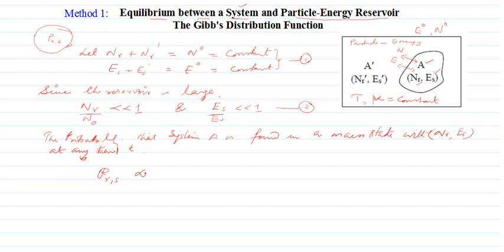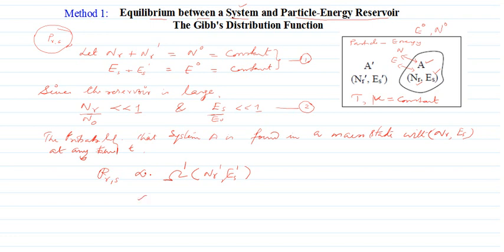omega prime, which is a function of NR prime and ES prime. Which is proportional to, once again, omega prime, where NR prime can be written using equation number 1 as N naught minus NR.